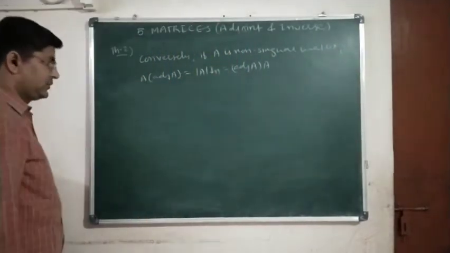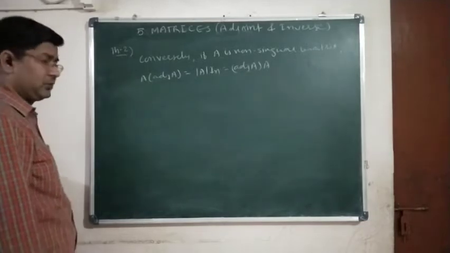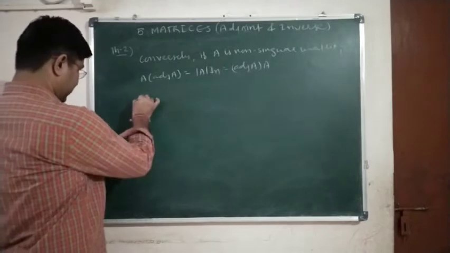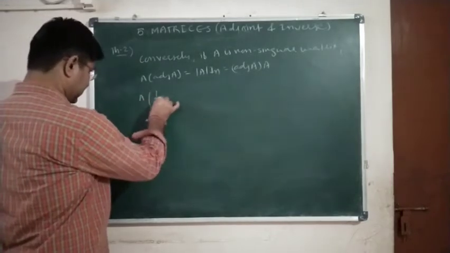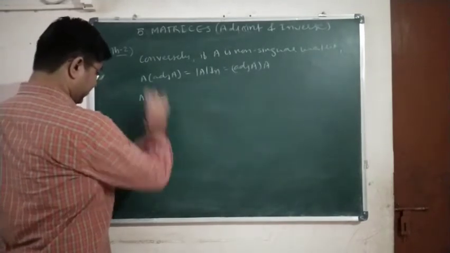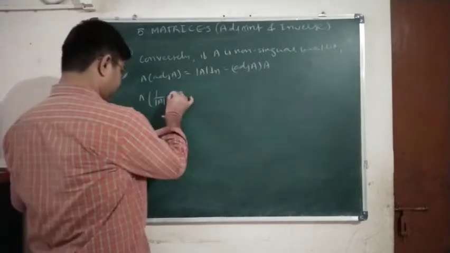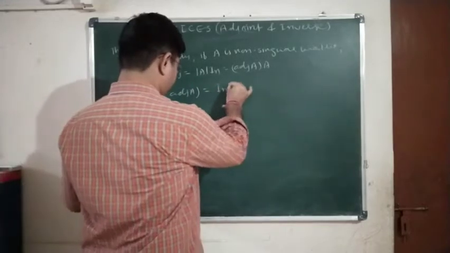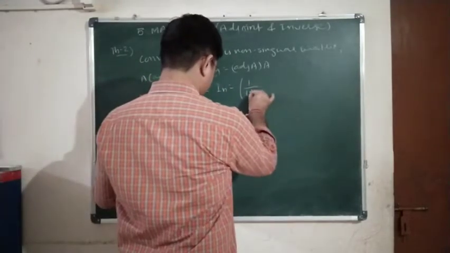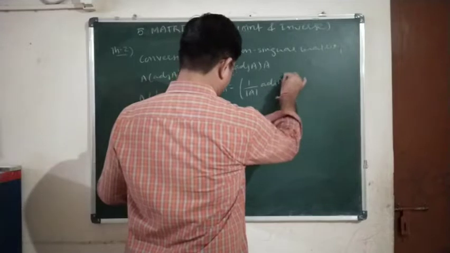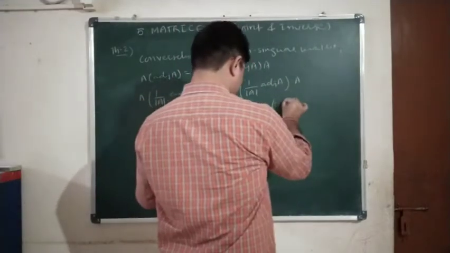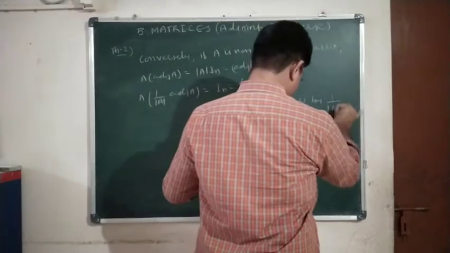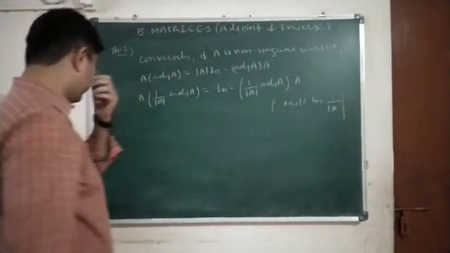Then A into adjoint of A is equal to determinant of A into I_n is equal to adjoint of A into A. Now we will divide throughout by determinant of A, or we will multiply by 1 upon determinant of A.